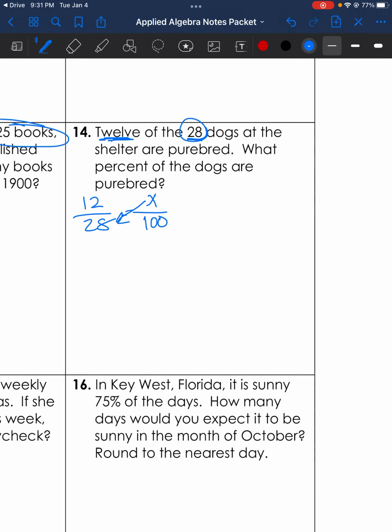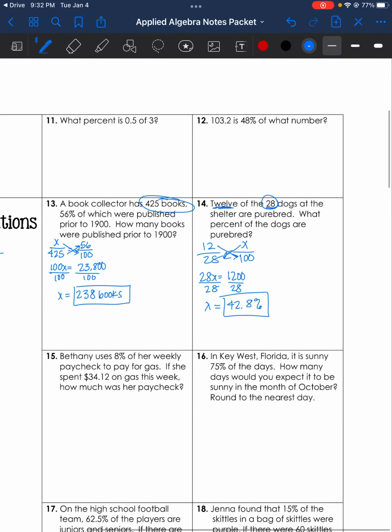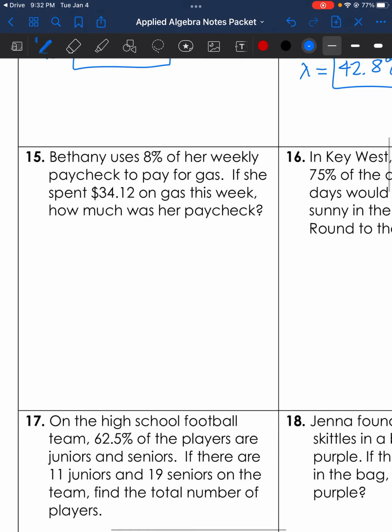So cross multiplying here, x times 28 is 28x equals 12 times 100 is 1200. We divide both sides by 28 to get x by itself. We find x is equal to 42.8%. There's that one.